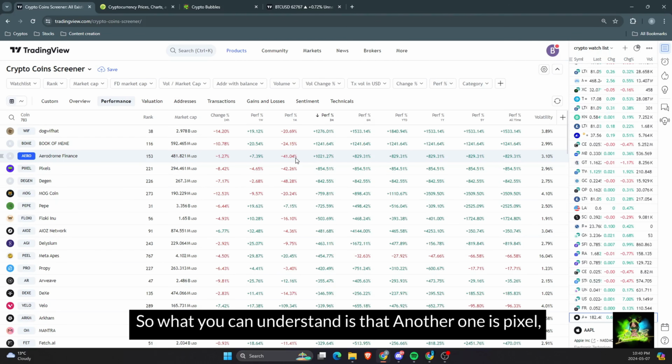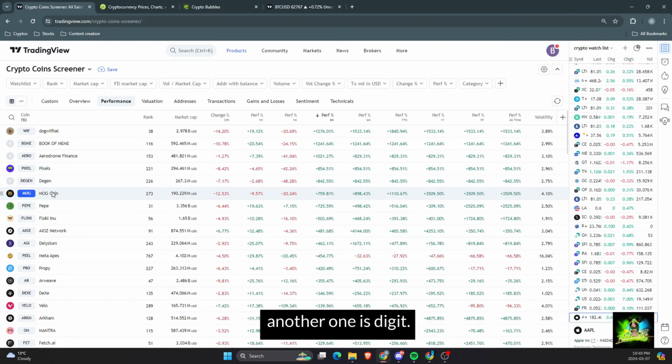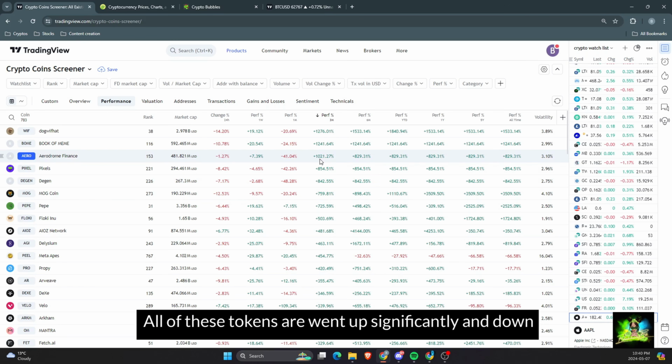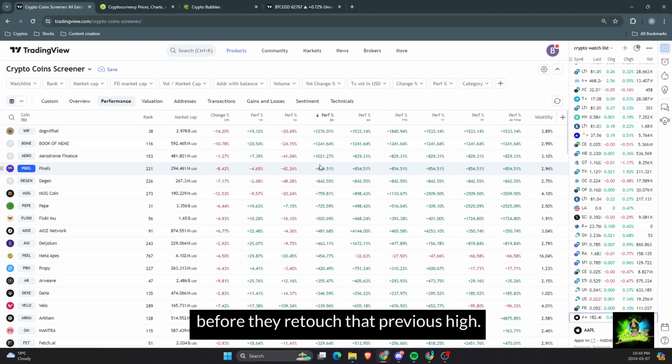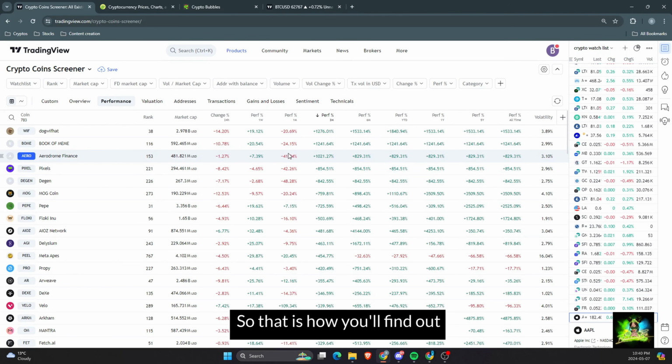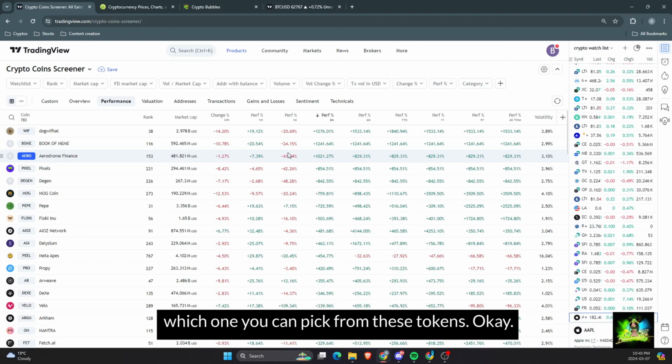Another one is Pixel, another one is Degen. All of these tokens went up significantly and are down significantly right now. They cannot dump harder than this before they retouch that previous high. So that is how you find out which one you can pick from these tokens.